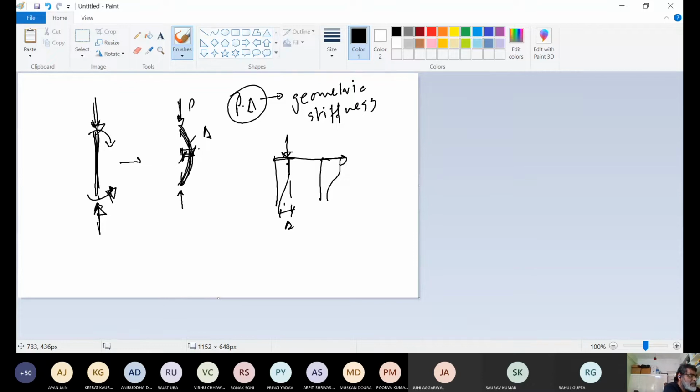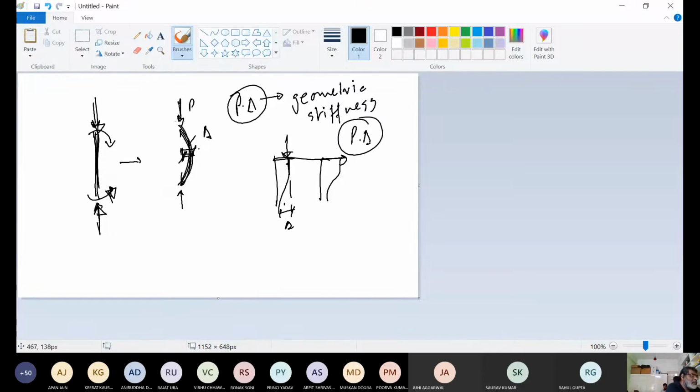Is this also making sense? I'm not going to get into actual derivations. I'm just trying to conceptually explain what instability of a structure is. Is this making sense? This P delta kind of a thing which is happening? Yes, sir.